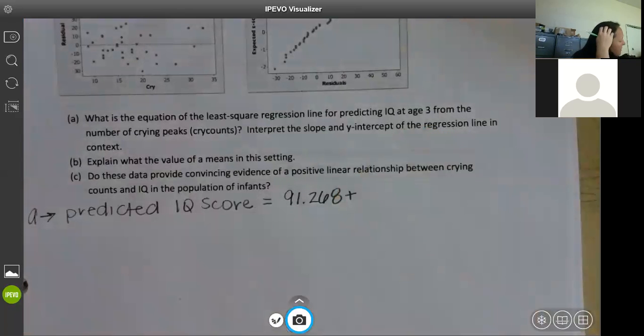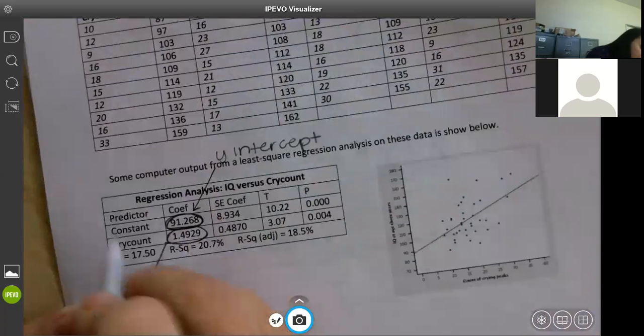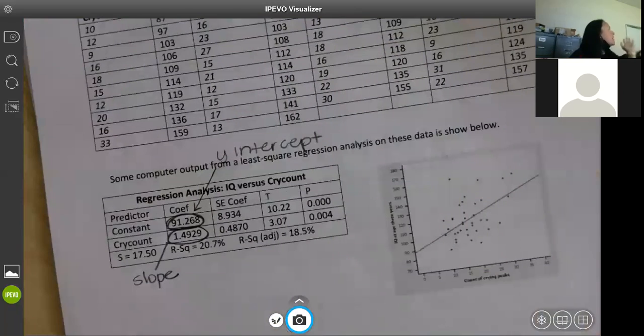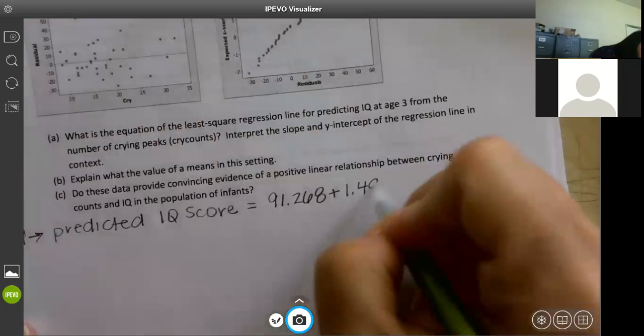We're going to go back to the other side. And this number is your slope. And we already knew that because when we do our interval, our slope comes first. Slope plus or minus the t star and then the standard error. Got it? Is everybody good? All right. So the slope is 1.4929.